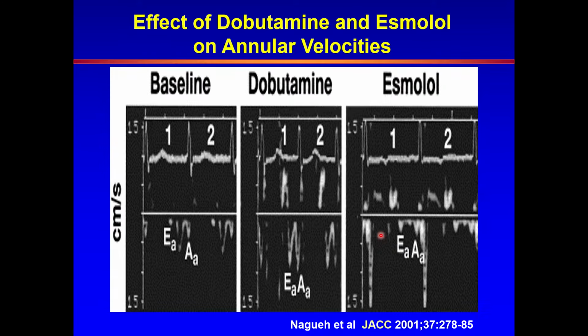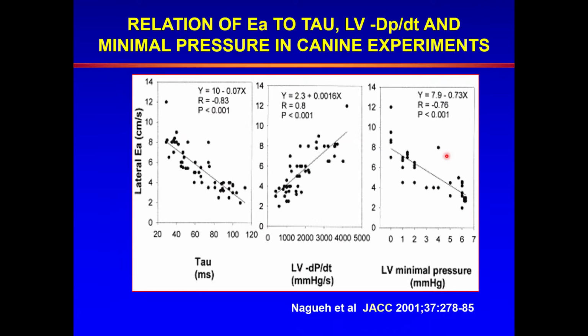What happens if we alter relaxation by giving dobutamine or esmolol? That velocity goes up with dobutamine, that enhances relaxation. Notice the faster heart rate, and then it slows down if you give esmolol, which slows the heart rate and suppresses relaxation.